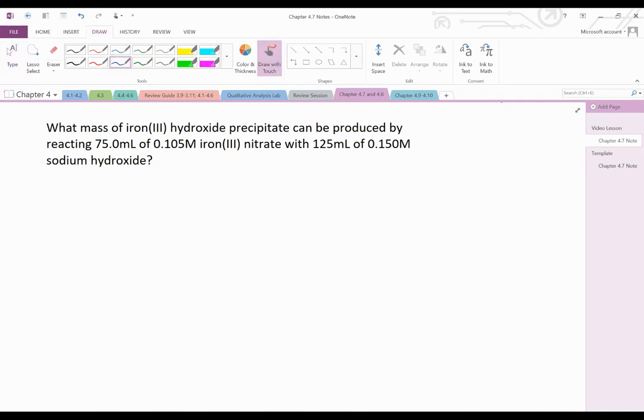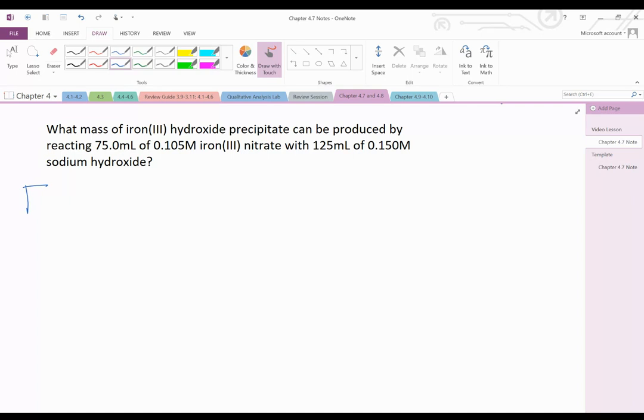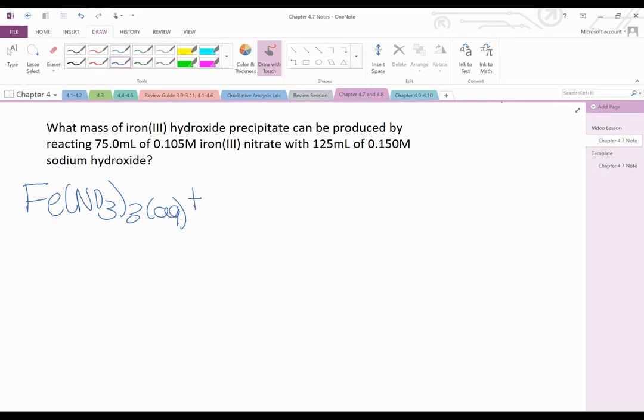And so you're going to have iron 3 nitrate solution reacting, that's our precipitant. I have that on the wrong side.